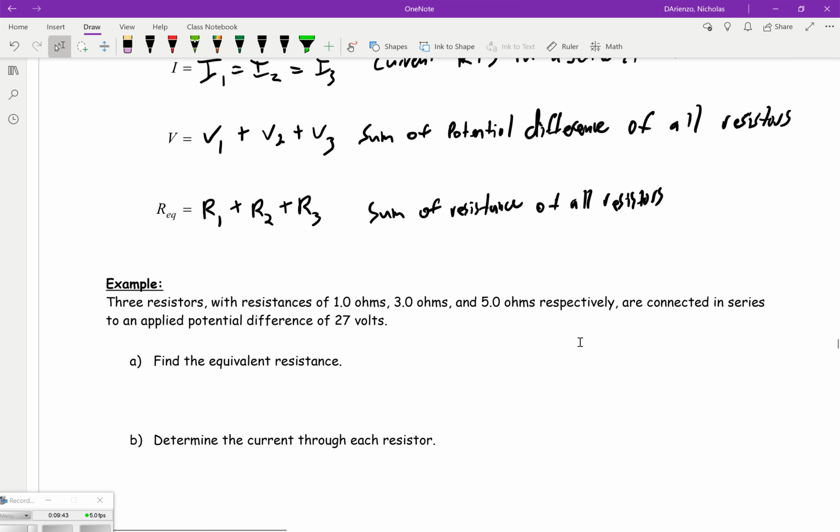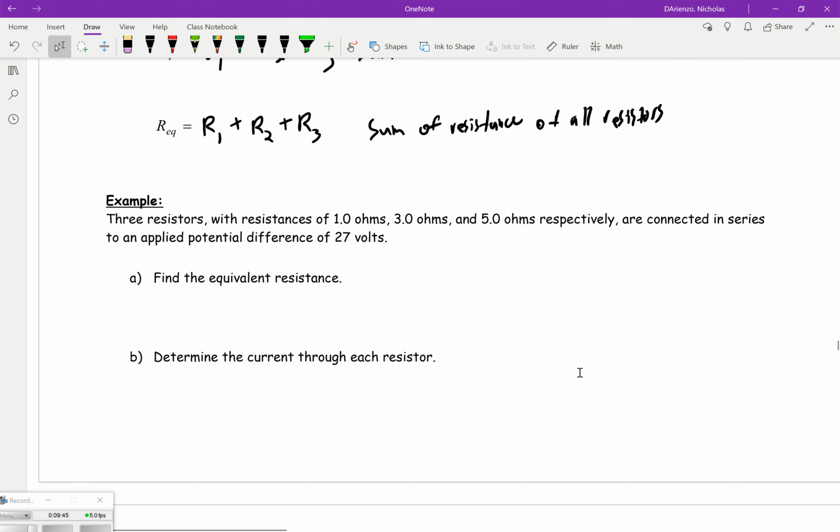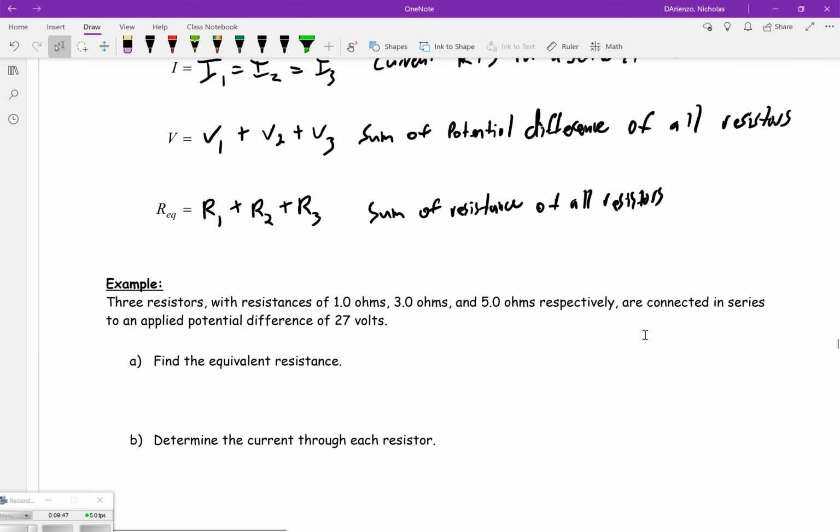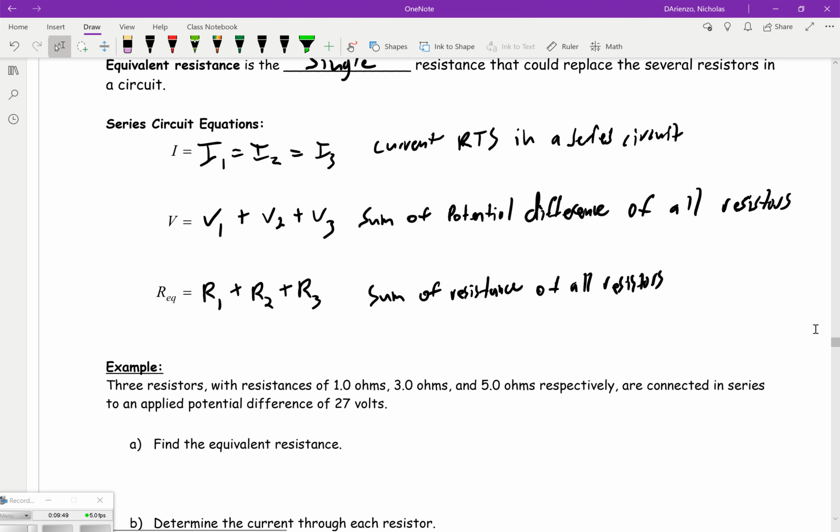I'm going to do an example here, and we'll look for each of these three values: current, voltage, and resistance, which we know as Ohm's law, which we learned as the ratio of our potential difference to our current.